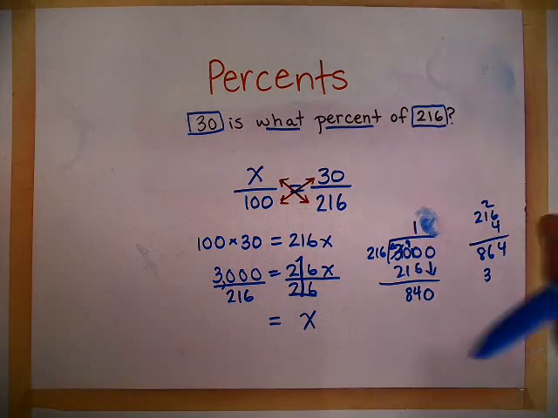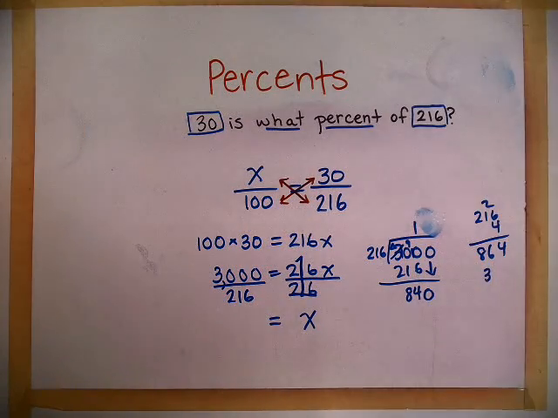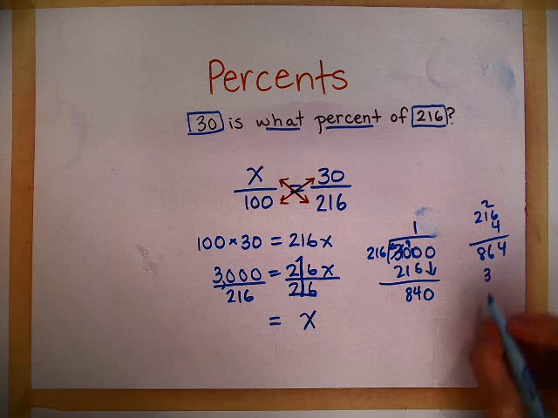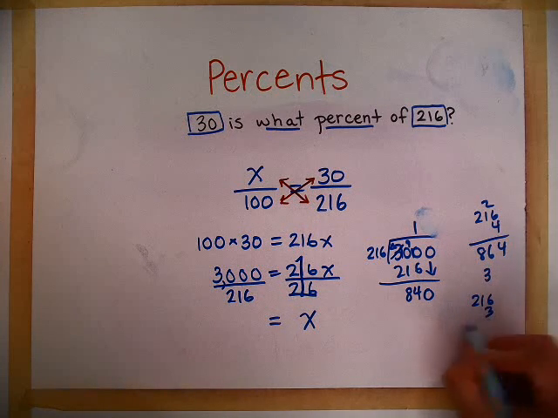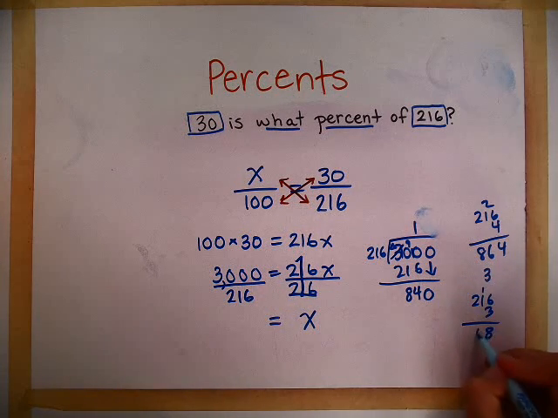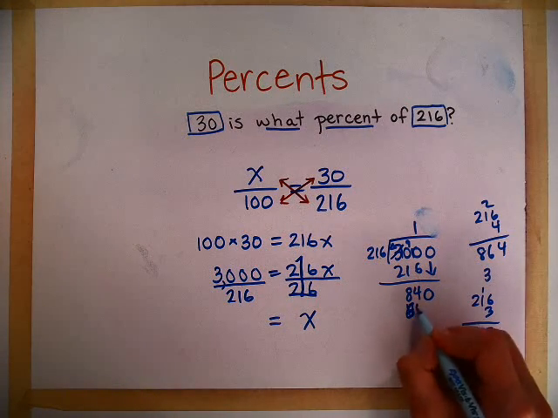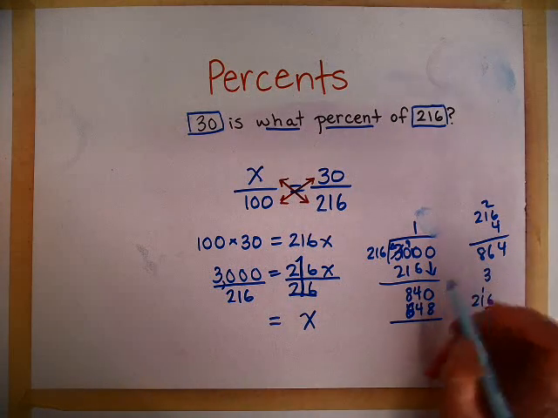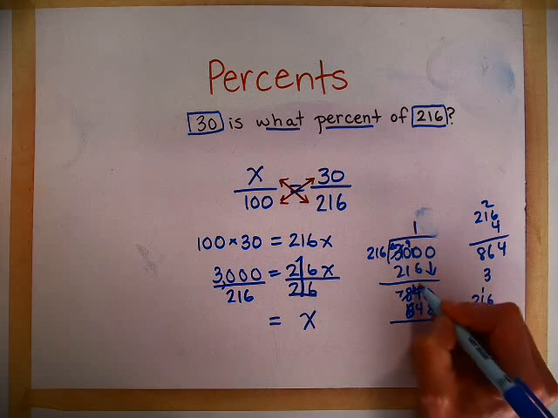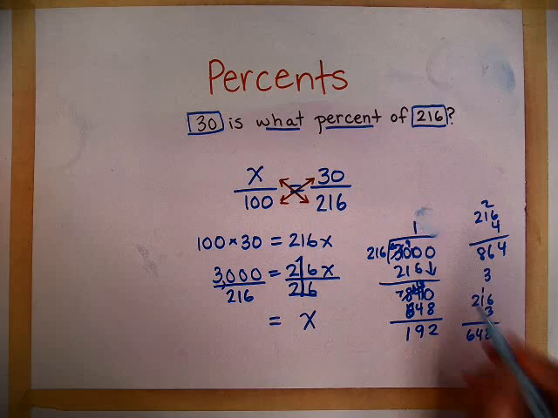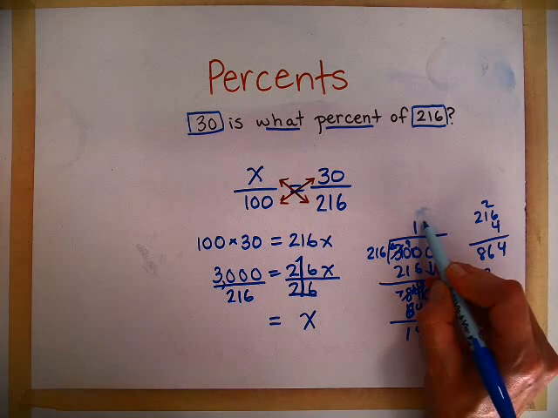I should have checked first. 216 times 3, 648, 7, 14, 13, 10, 2, 9, and 1. 192, so that was 3.